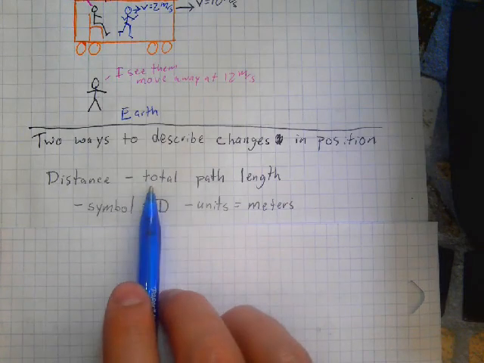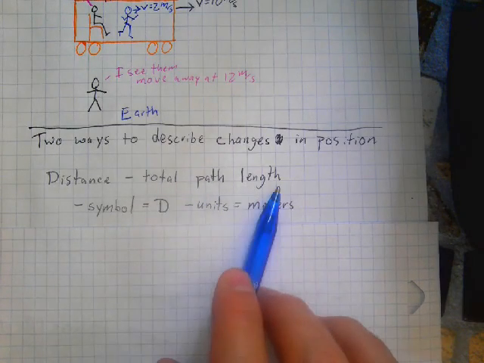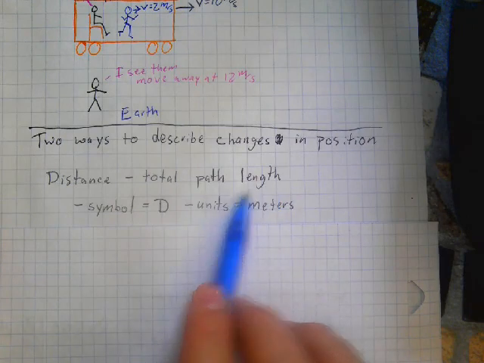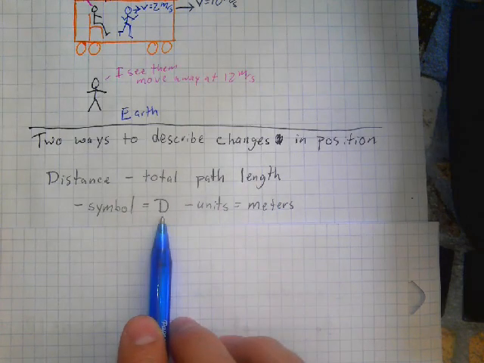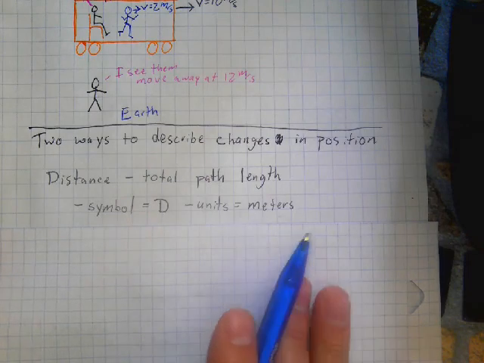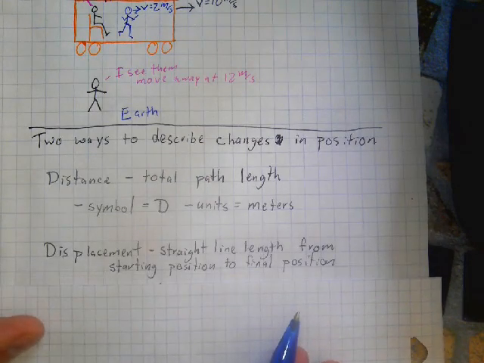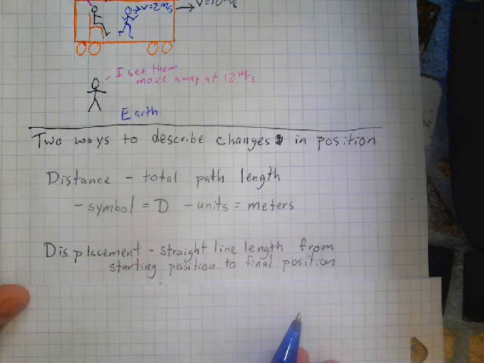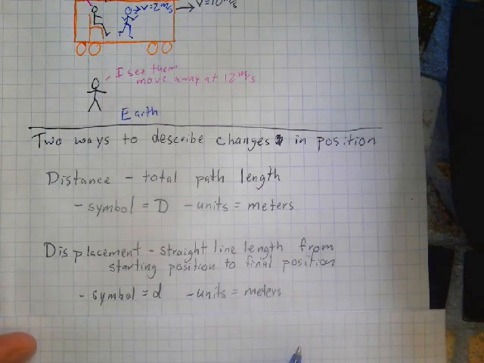When we talk about distance, that's the total path length that an object travels. The symbol for distance is going to be a capital D, and we measure it in meters. The other one is called displacement. The displacement is a straight line length from the starting position to the final position. That's going to have a lowercase d as the symbol, and the units are going to be meters.